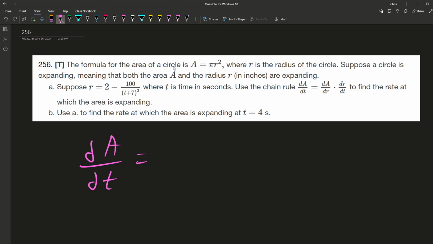The derivative of the area with respect to time is going to be 2 pi r times dr dt.